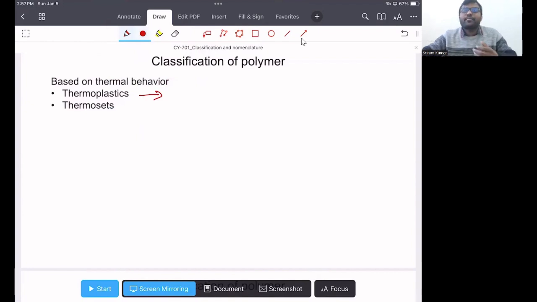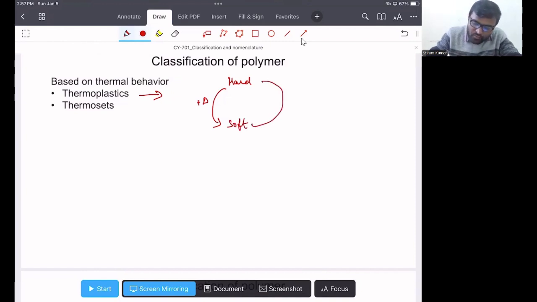Thermoplastic polymers are polymers in which, if you supply heat, what happens? They undergo a cyclic process from hard material to soft material. Suppose you have this polymer, which is a hard material, and if you add heat, it becomes soft.